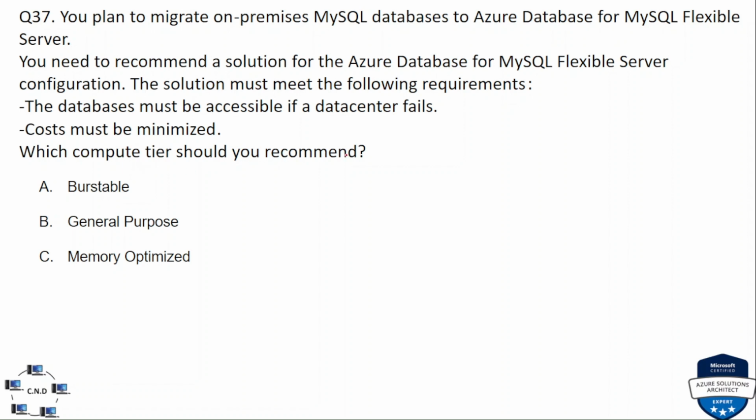Which compute tier should you recommend? Options are A, Burstable, B, General purpose, and C, Memory optimized. And the correct option is option B, General purpose. So option B is the correct option.